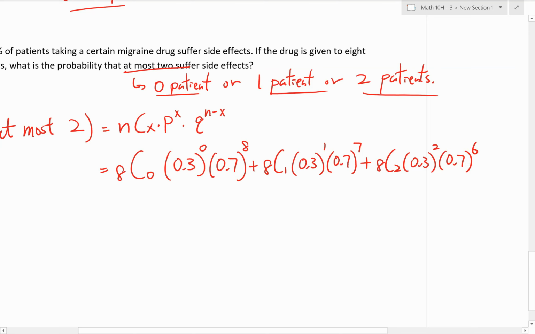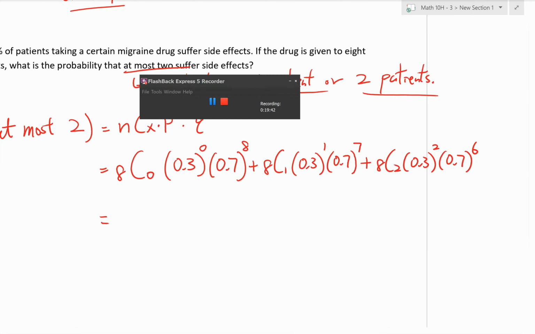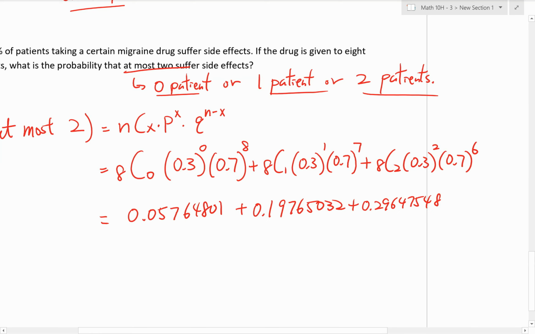So 2 people with side effects, 6 people without side effects. Put this into a calculator, you should be able to get your answer. Again, I'm going to pause the video, you can calculate and see if we get the same value. Okay, so once I put this into the calculator, I believe I get 0.552. Okay, so 55.2% that at most two people will suffer side effects.